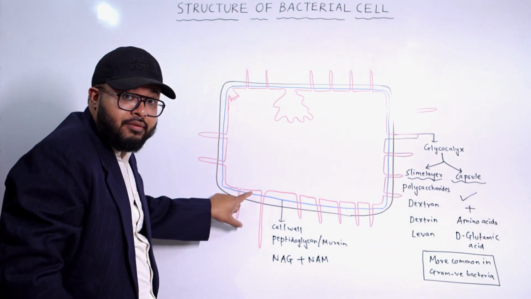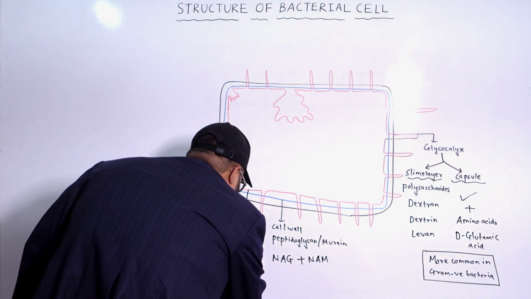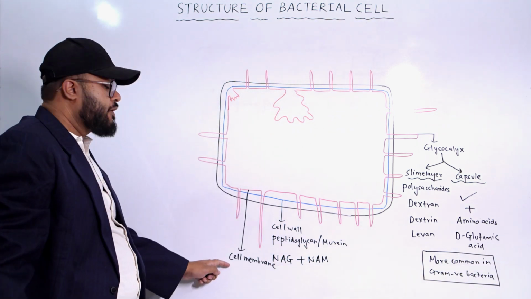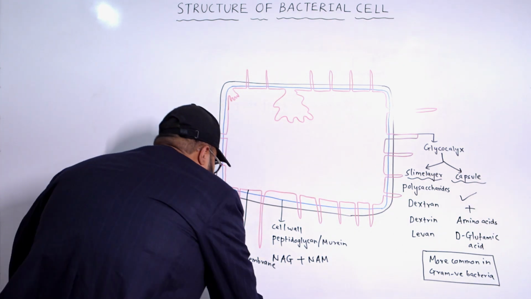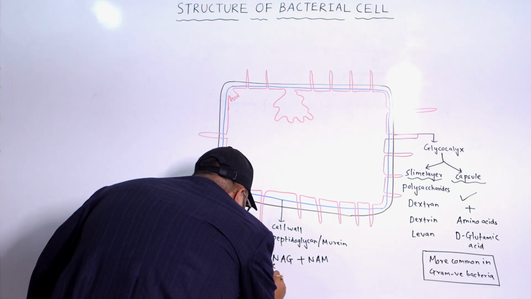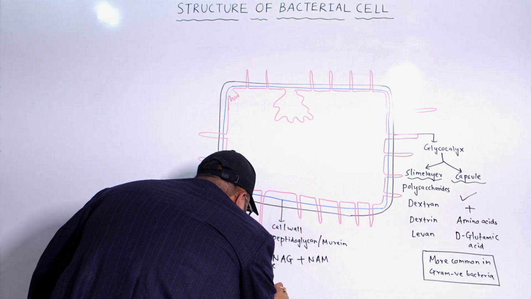So this is the cell membrane or the plasma membrane. The cell membrane is made up of phospholipid bilayer plus proteins.